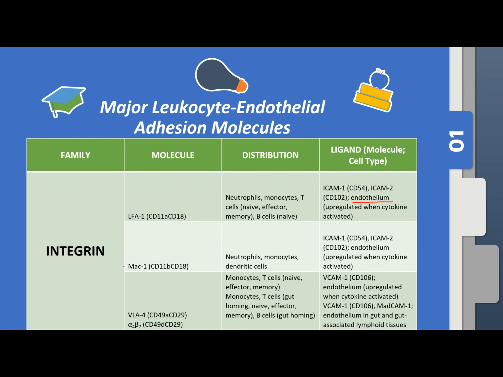Then we have the integrin MAC-1, CD11b, CD18. They're found in neutrophils, monocytes, and dendritic cells. Their targets are ICAM-1, CD54, and ICAM-2, CD102, found in the endothelium. Then we also have the integrin VLA-4, CD49a, CD29, and alpha 4 beta 7, CD49d, CD29.